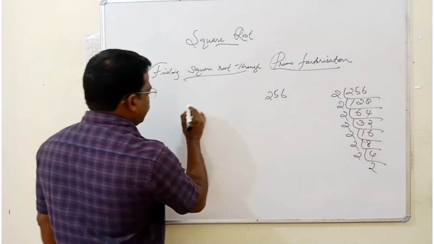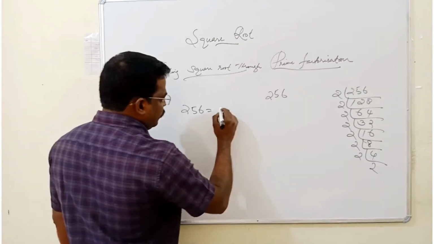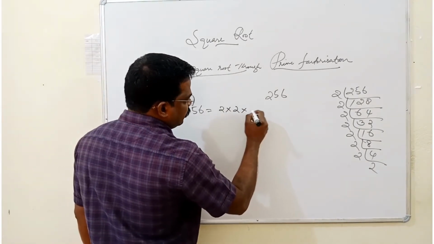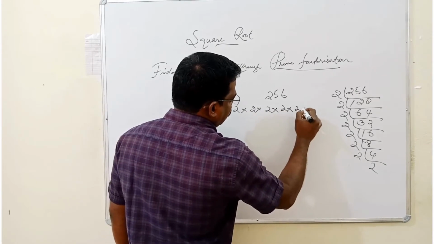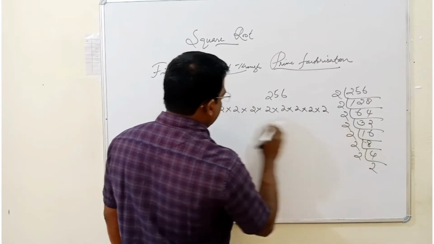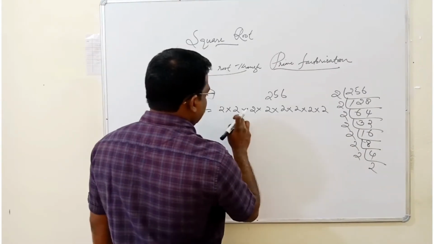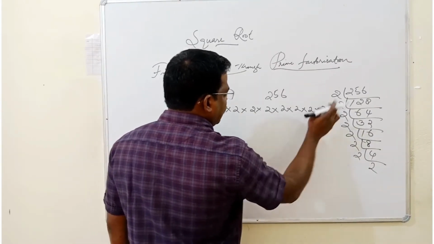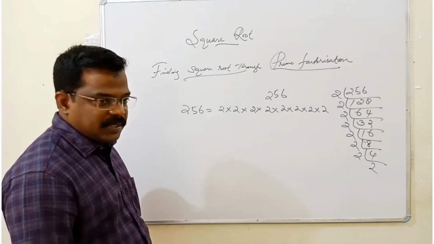Okay, so here we can write the factors of 256: 2 into 2 into 2 into 2 into 2 into 2 into 2 into 2. That is eight 2s. So these are the factors of 256.